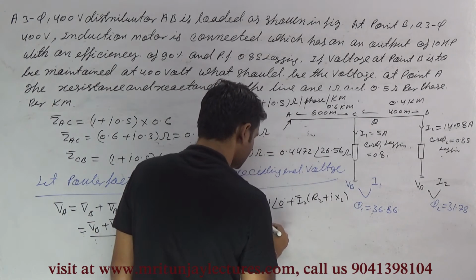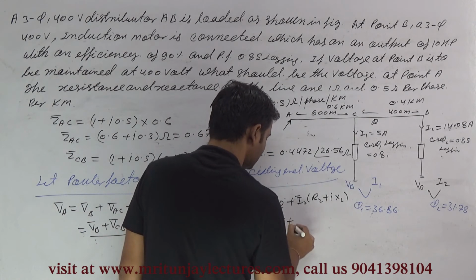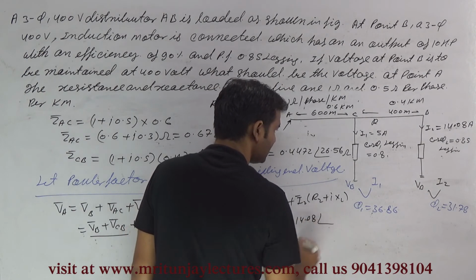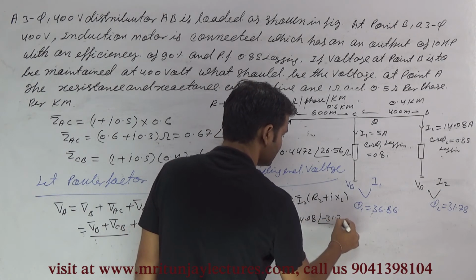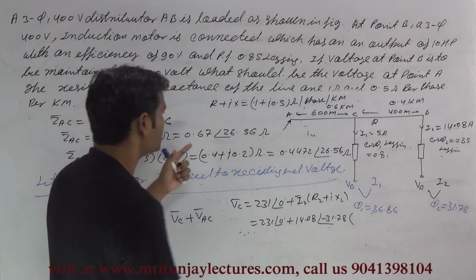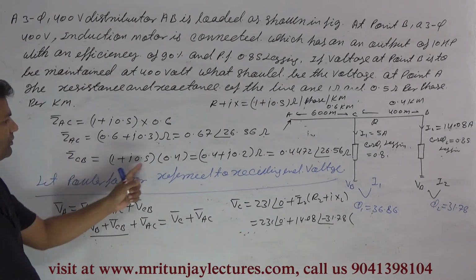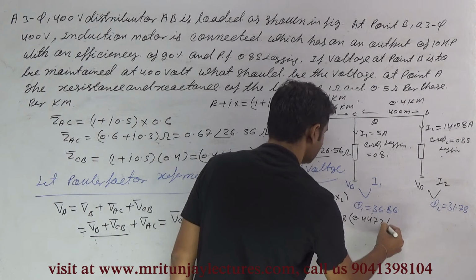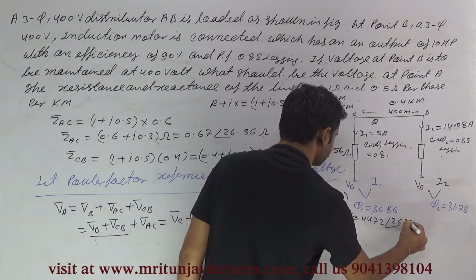So 231 at the angle 0 plus I2, which is 14.08 at the angle minus 31.78, into (R2 + jX2), which is 0.4472 at the angle 26.56.